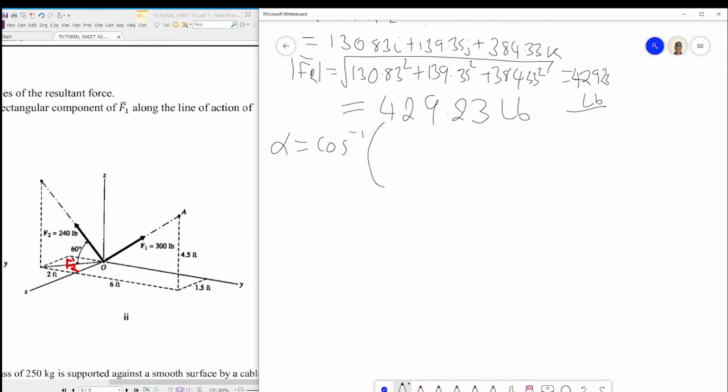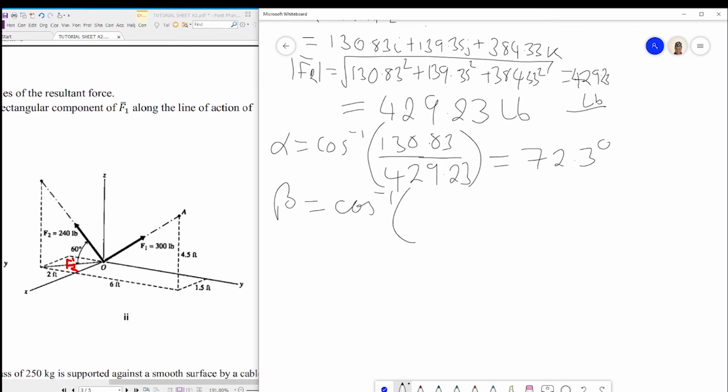To get our direction cosines here, we already know our direction angles. Alpha will be equal to cos inverse of 130.83 over 429.23, and this will give us 72.3 degrees. Our beta will be equal to cos inverse of 139.35 over 429.23, and this will give us 71.1 degrees.